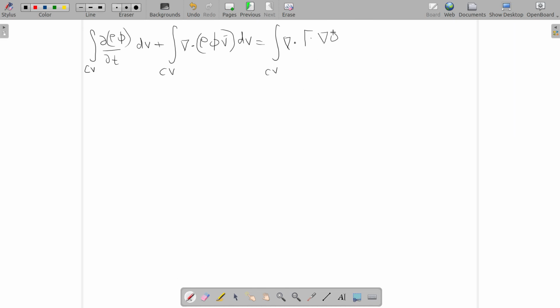Grad phi is a vector like v vector. Let's say phi is a scalar. If phi is a scalar, grad phi becomes a vector. Phi doesn't need to be a scalar here. In that case, grad phi can be a tensor of higher order also, so that's also possible.